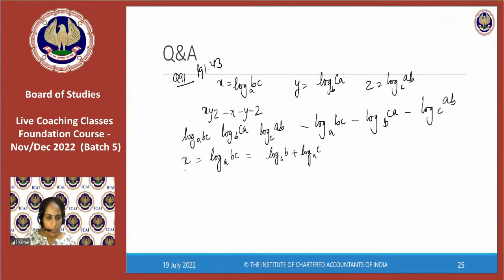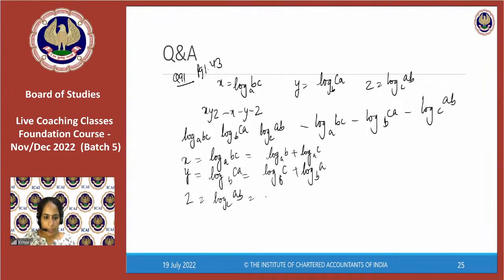And y can be rewritten as log CA with the base B, as log C with the base B plus log A with the base B. And z can be rewritten as log AB with the base C as log A with the base C plus log B with the base C. So here log A with the base B, if you see, and here log A with the base B. So when I am adding all three, that would be reciprocal.